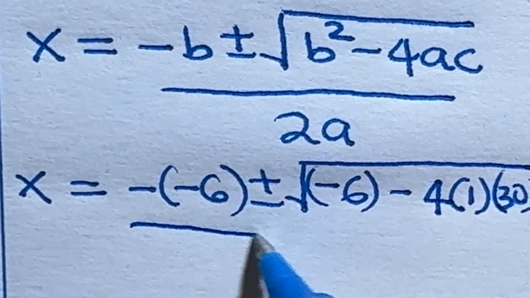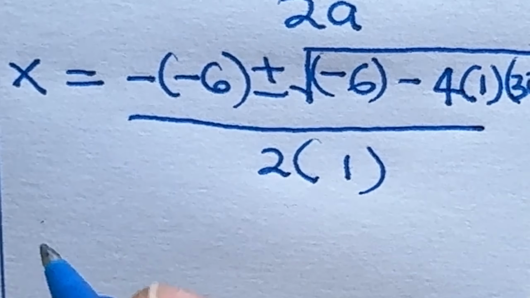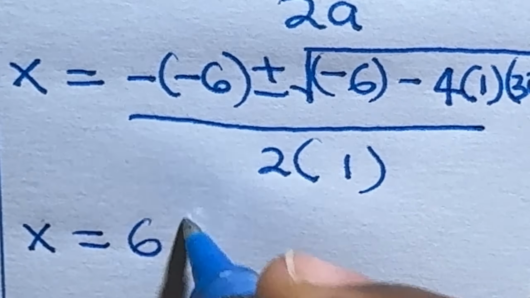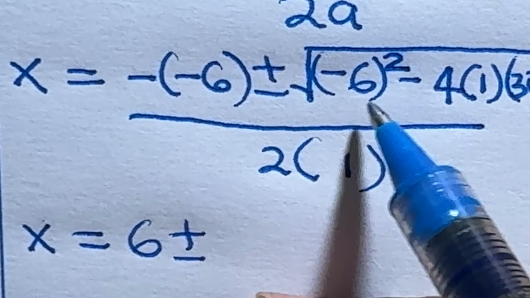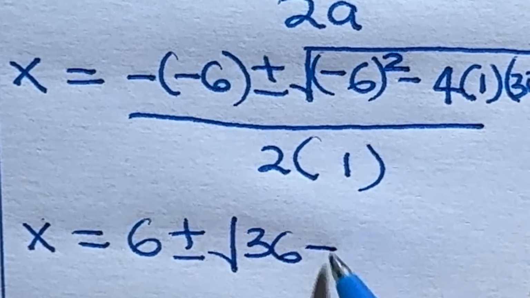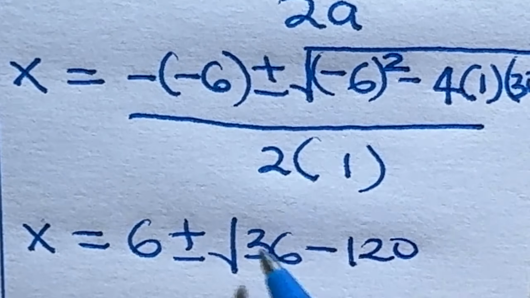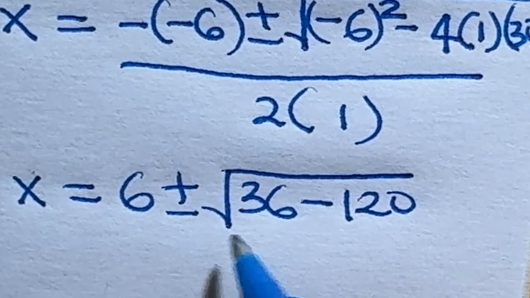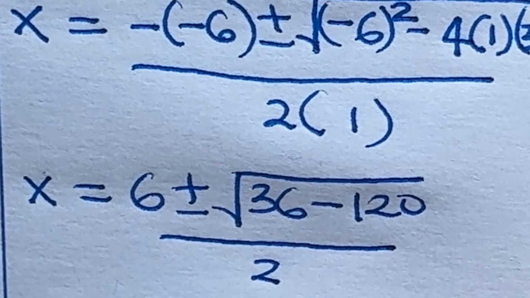Then divided by 2 into a, which is 1. x is equal to 6 plus or minus, negative 6 squared is 36, so we have the square root of 36 minus 4 times 1 times 30, which is 120, then divided by 2a. 2 times 1 is 2.